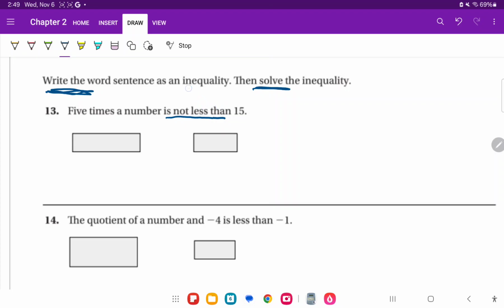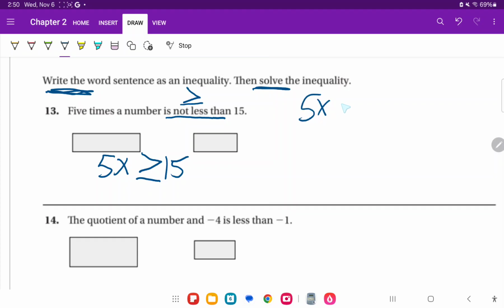Greater than. I don't know if it's greater than or equal to, but I think I accept either one. So 5 times a number means 5x, because a number next to a letter means 5 times a number, is not less than 15. So that's what would go in the first box.